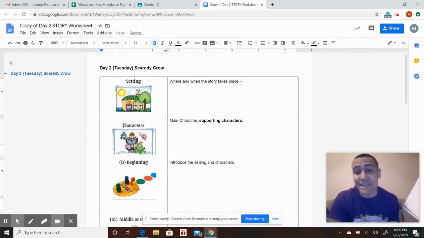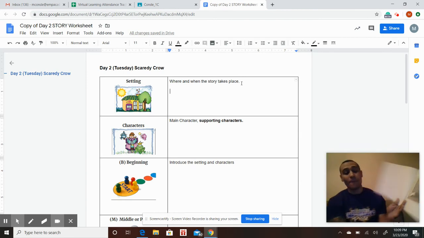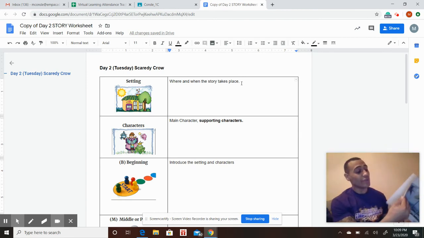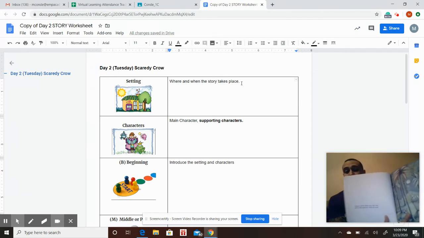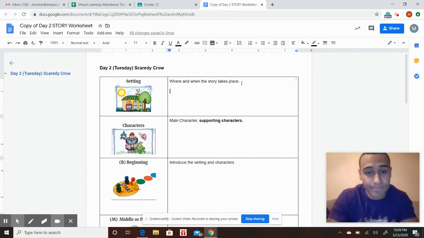Now, when I'm jotting down the setting of my story, I'm going to focus on the part of the story where it takes the most time, where the story happens the most, and I'm going to think about the most important setting. Even though the story begins with Max at home, I know that's not where the story ends up taking place. That's not the most important setting for my main character, Max. So I'm going to jot that down.